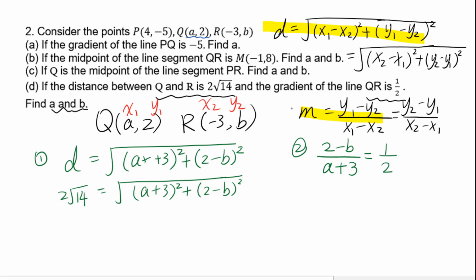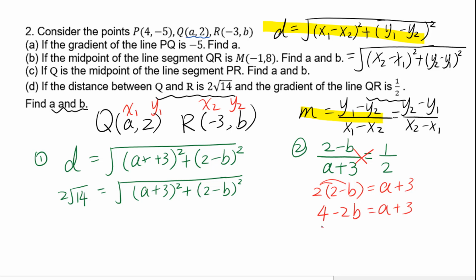Then you cross multiply. You will get 2 times (2 minus b) equals 1 times (a plus 3), just a plus 3. Then distributive property: 4 minus 2b equals a plus 3.